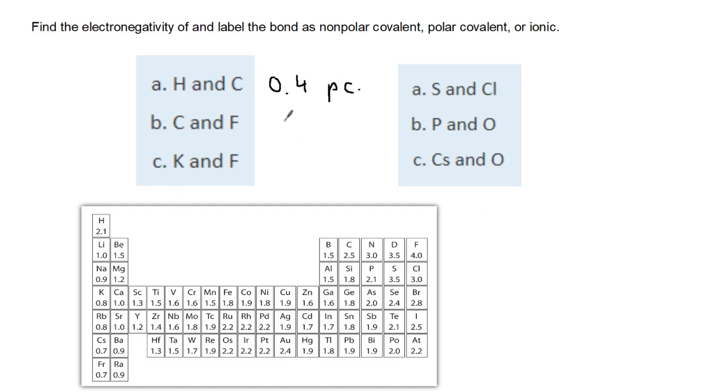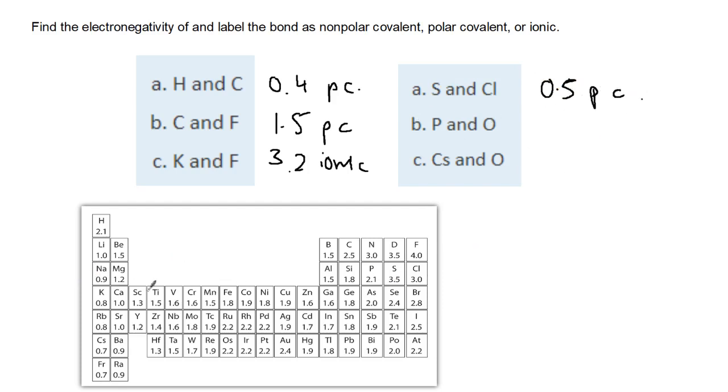Carbon and fluorine, electronegativity of 1.5, polar covalent. Potassium fluoride is 3.2, so that's ionic by a big amount. Sulfur and chlorine is 0.5, so it's polar covalent.